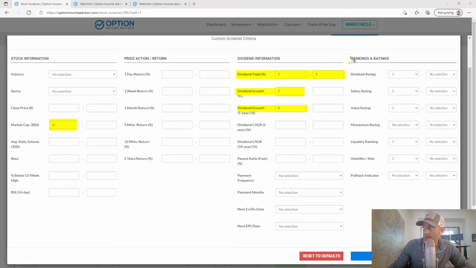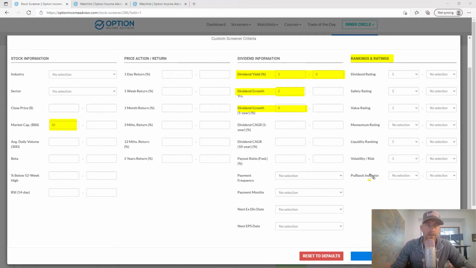And then rankings and ratings. Again, this is kind of proprietary to our screener here, but it's certainly not rocket science. What I've done here is I've created different segments of how to rate stocks. And so you can see I've got dividend, safety, value, momentum, liquidity, volatility, and risk. And then I've got a pullback indicator.